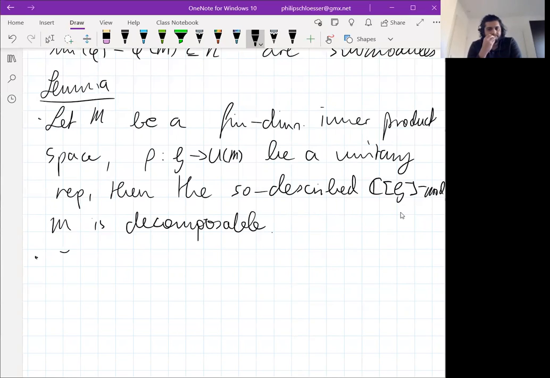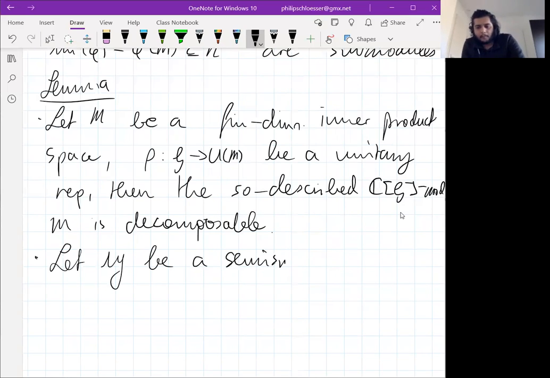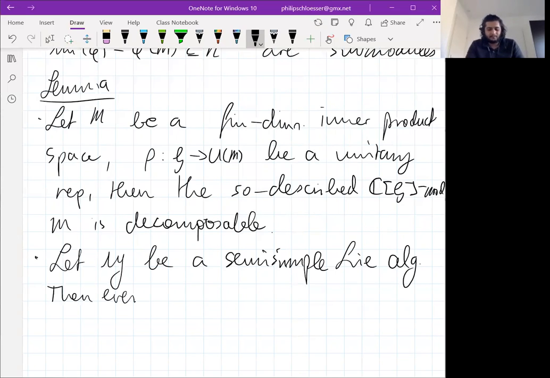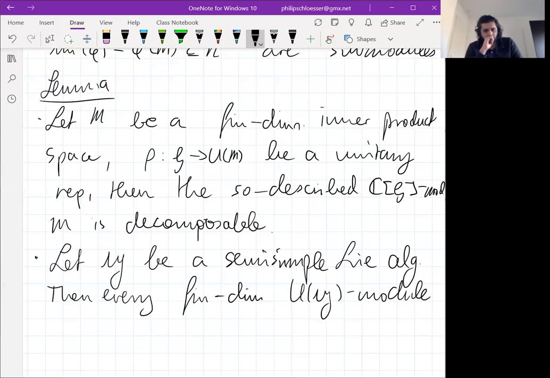And secondly, this is what I was already hinting at before the break: let g be a semisimple Lie algebra, then every finite dimensional U(g) module is decomposable.